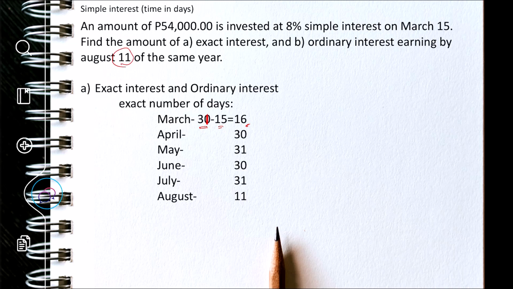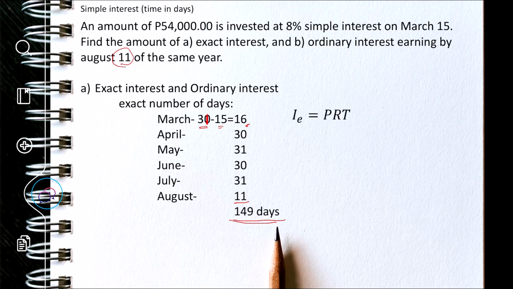And then, i-add na natin lahat ng yan. From March 15 to August 11, that is 149 days lahat-lahat. Kaya yun po ang ilalagay natin sa time, the 149 days.